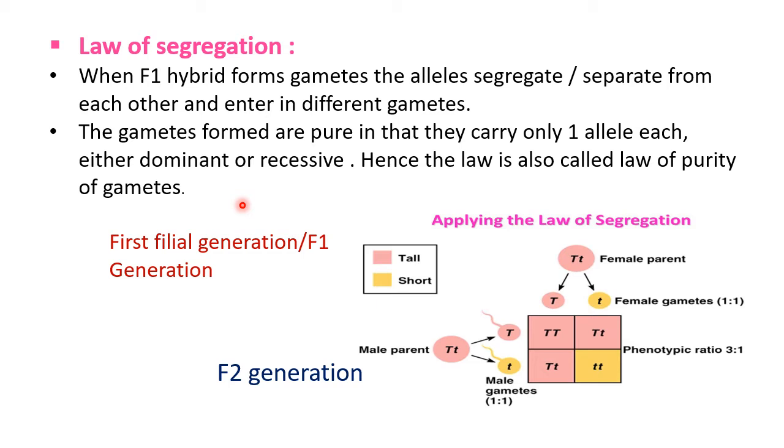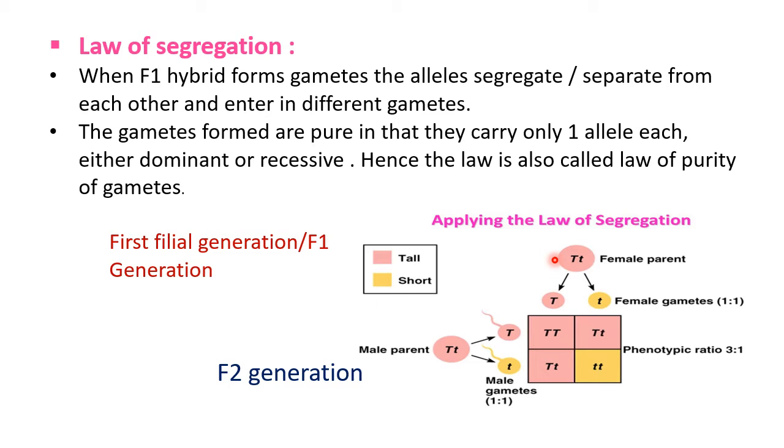Then after their crossing in F1 generation, we see that all hybrid plants are produced having the phenotype tall. That means only the tall character is expressed in F1 generation, while the dwarf character is not expressed. Hence, tall is dominant and the dwarf character is recessive.